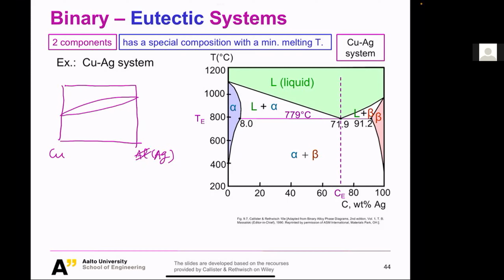Eutectic is a combination of two Greek words. The tectic in Greek means melt, to melt something, so from solid to liquid. And EU doesn't mean Europe. Actually, it means well or easy. So eutectic means something like easy to melt, melting easily.